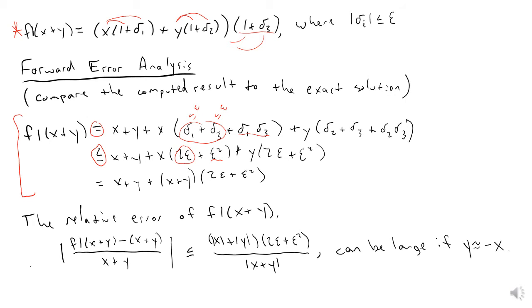This last line here is showing the computation for the floating point addition of x and y. All we've done to get from the previous line to this one is, both of these terms, x times the epsilon stuff plus y times the epsilon stuff, is exactly the same in both of them.